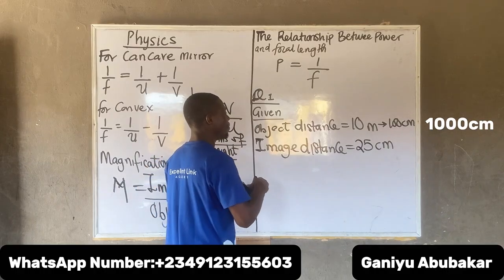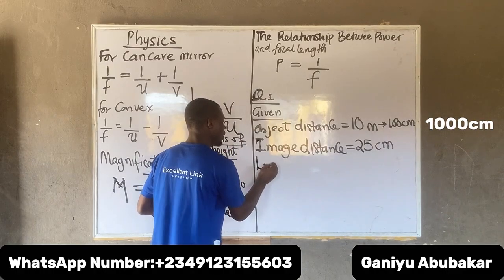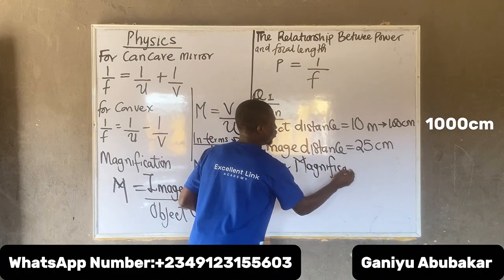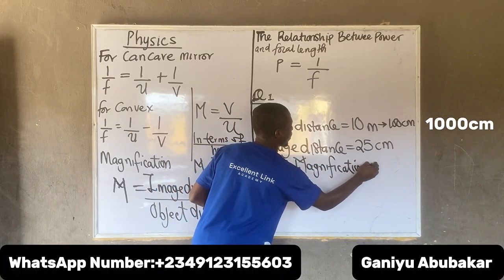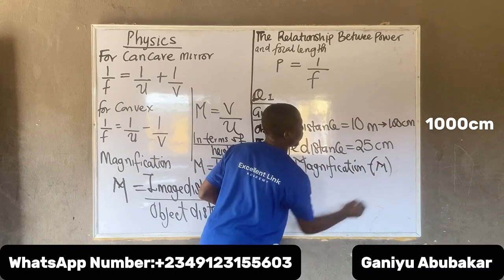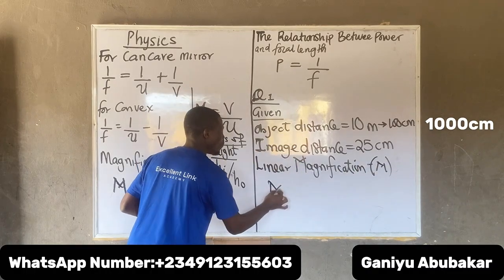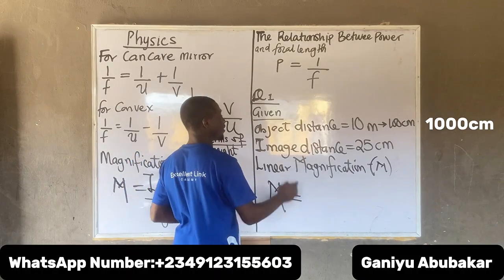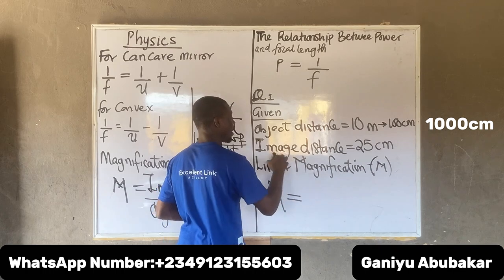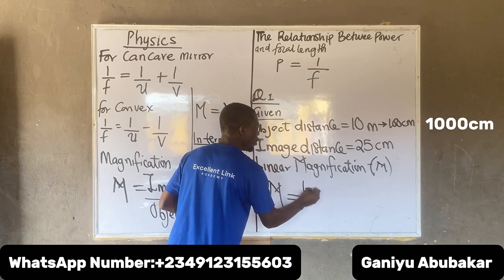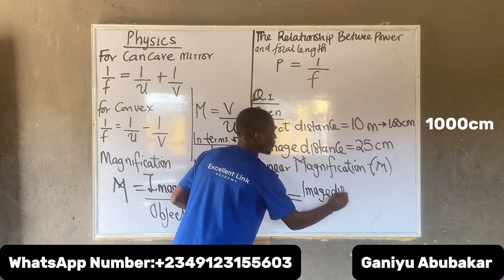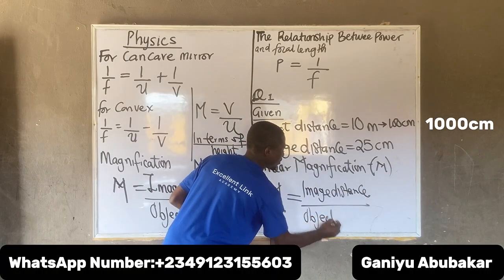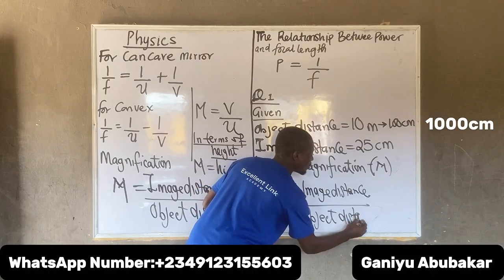Moving on, we are asked to find the linear magnification, which is capital M. As you recall, capital M is equal to image distance all over object distance.